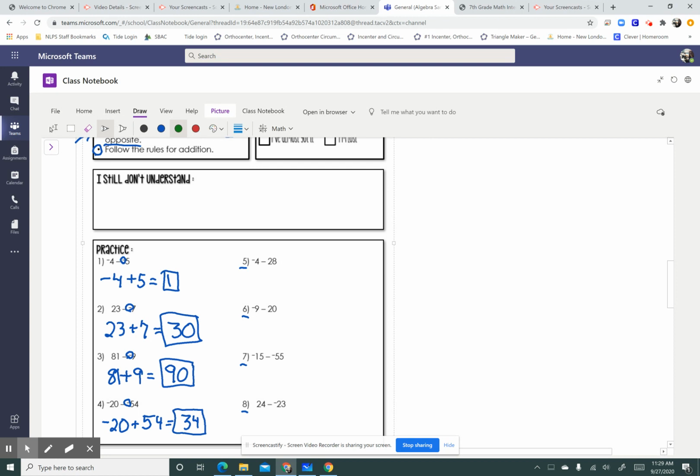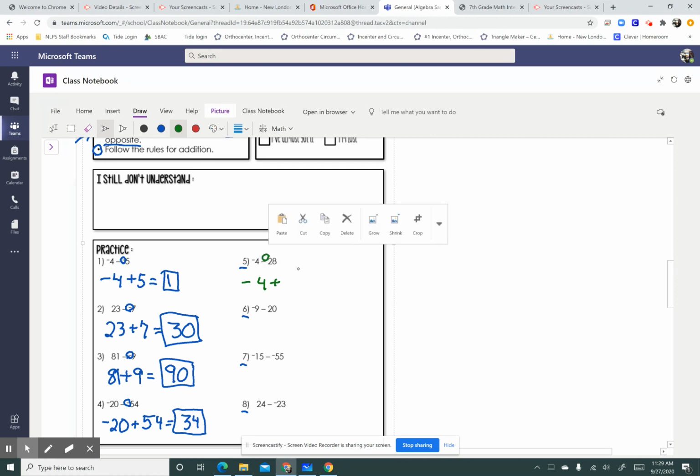Okay, here we are. We'll do the next 4 together. We have -4 plus, because we changed the subtraction to addition, and here we have an invisible plus sign.